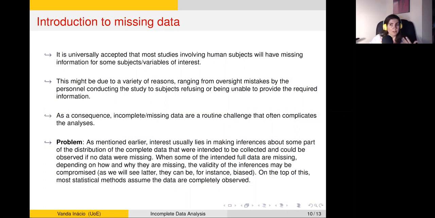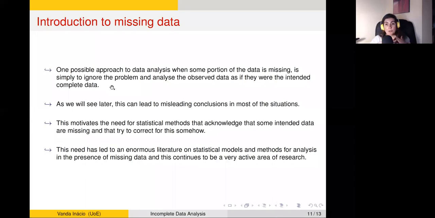On top of this, most statistical methods assume that the data set is complete. And as we have already talked about in the hypothetical example, one natural option for the missing data problem would be to restrict our analysis to those subjects with complete information. However, as I have mentioned, and as we will see in one of the next lectures, this can lead to misleading conclusions in most situations.